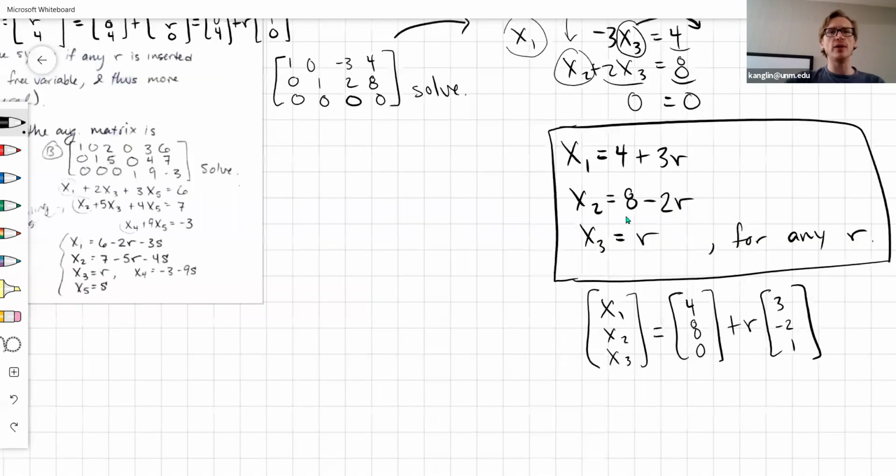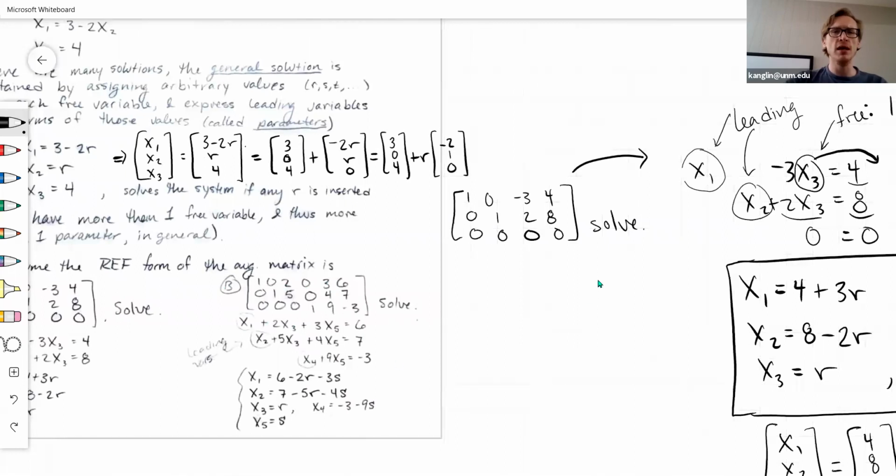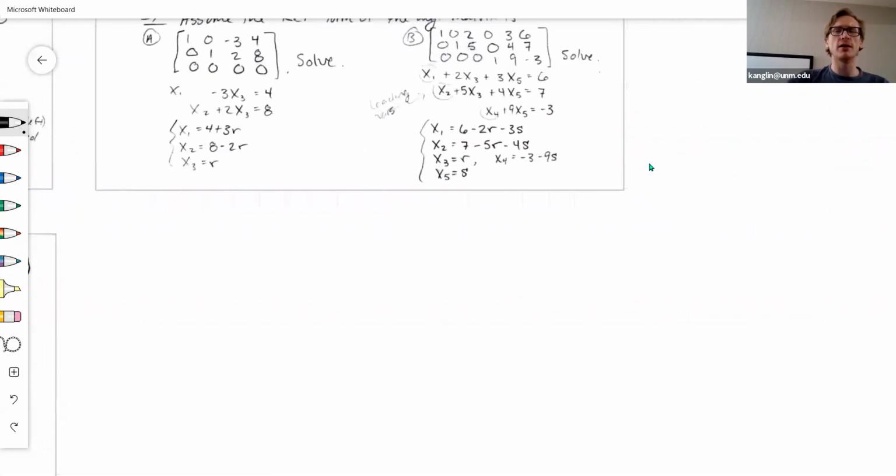So let's do this again with one more, this matrix B that I have written here. I'm just going to walk through this. In the first step here, I really just unpack the matrix into the system it represents. 1, 0, 2, 0, 3, 6 means I'm skipping the x2, I'm skipping the x4, but I do have 5 variables here if this represented a system.